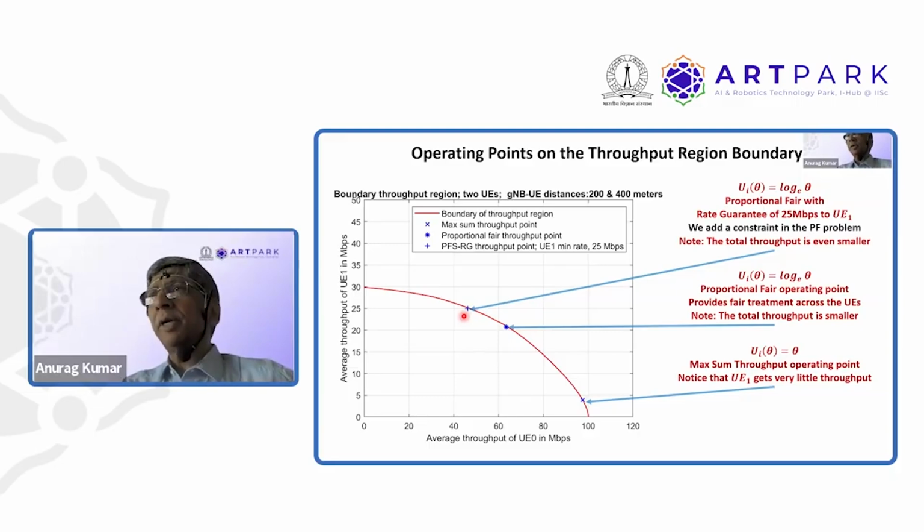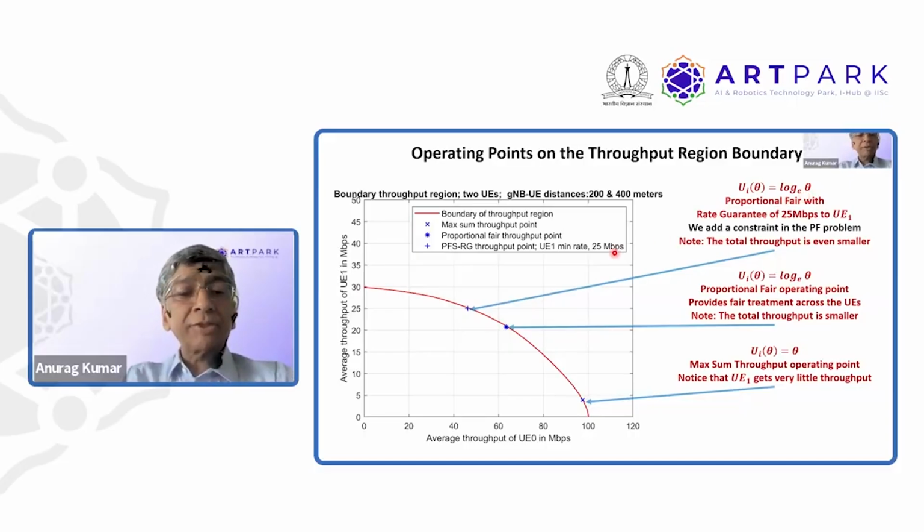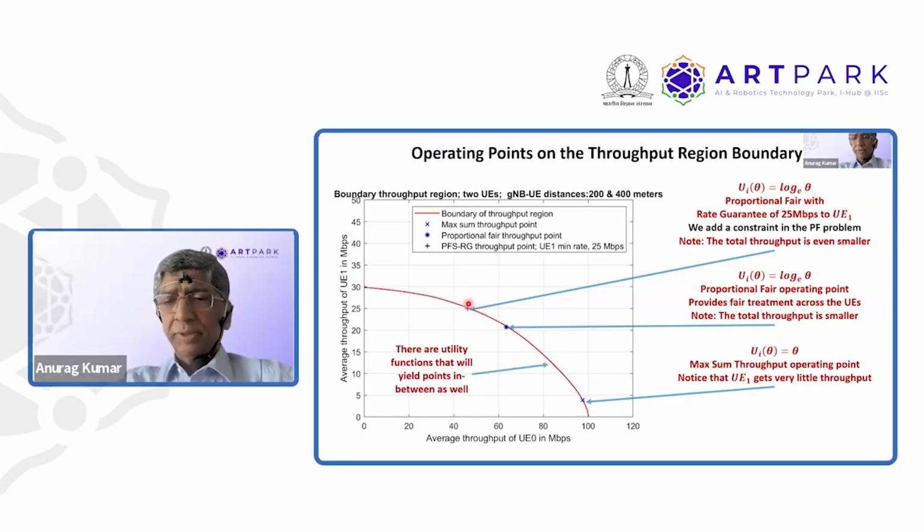I'll show you how you can build a fixed wireless access application from this, for network slicing. So suppose that, then this is the operating point. Now what we are doing is maximizing log utility, log throughput, but I also want to give a constraint that gives me throughput more than this.